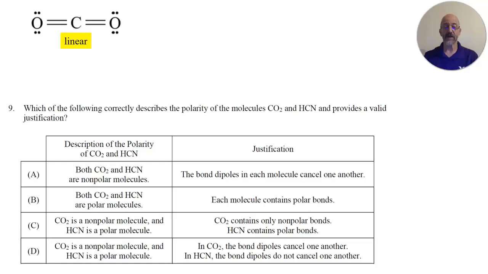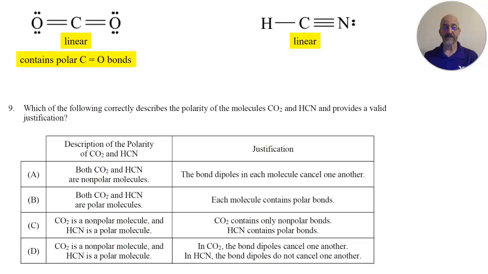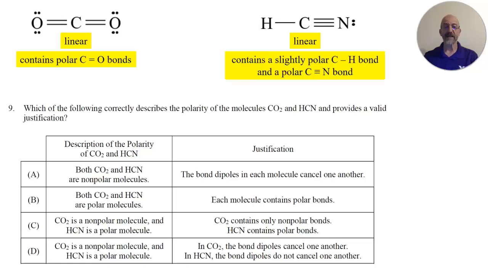It is linear. If you can draw the Lewis electron dot diagram for HCN, it looks like this. It is also linear. Do these molecules contain polar bonds? Yes. We have polar carbon-oxygen bonds in CO2. We have a slightly polar carbon-hydrogen bond, as well as a polar carbon-nitrogen bond in HCN.